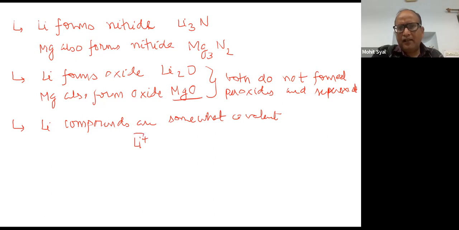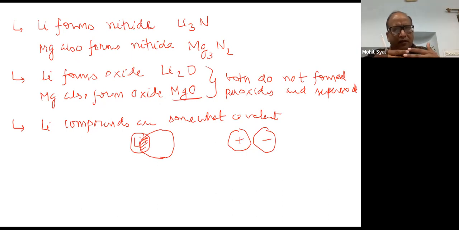It is a smaller ion, and if you have an anion, it is going to pull the electron cloud of the anion. Suppose a cation is there and an anion is there, they are not going to remain separated. Instead, they are going to merge together. Because of the pulling of electrons, because it is small, we have seen that it has formed hydrated ion, right? So this is the covalent. Here I'm showing the overlapping. This is covalent character. So lithium compounds are somewhat covalent, and you might have studied that like dissolves like.